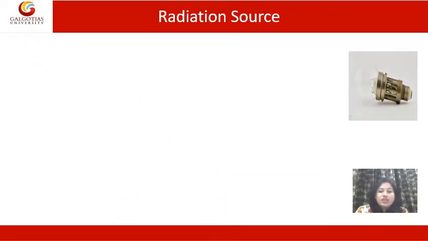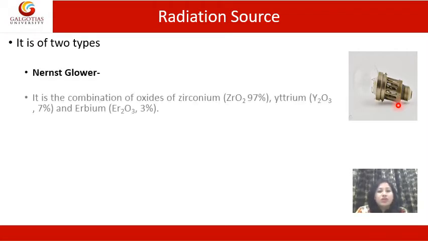Now, let us discuss all the components one by one. First, we take radiation source. As we know, radiation sources are of two types. First is Nernst glower, which is a combination of oxides of zirconium, 97%, yttrium, 7%, and erbium, 3%.